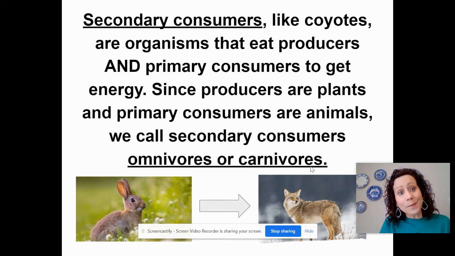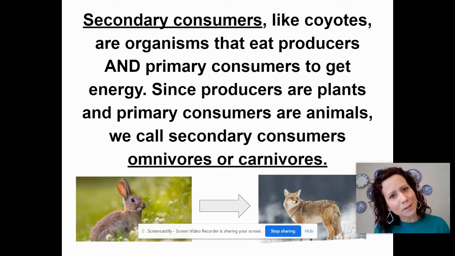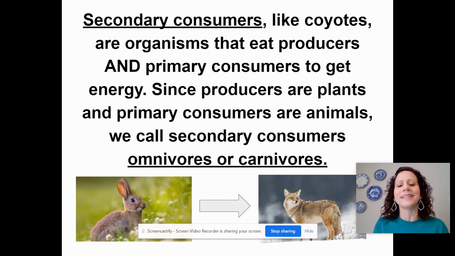These secondary consumers are sometimes omnivores, and sometimes carnivores. I mixed those two words together, didn't I? Omnivores would be animals that eat other organisms and other plants and other animals. Carnivores would be animals that eat only meat.